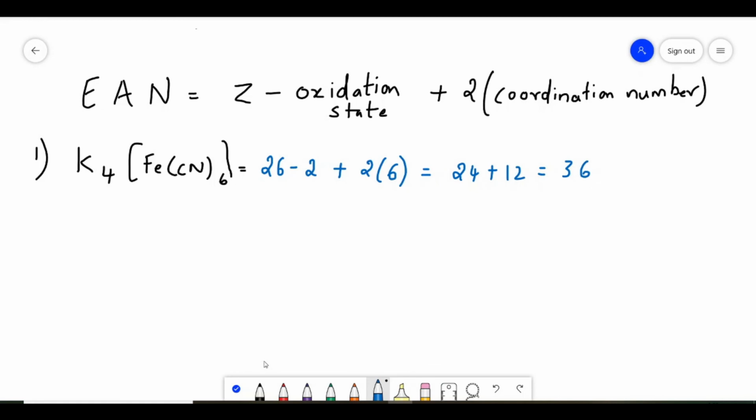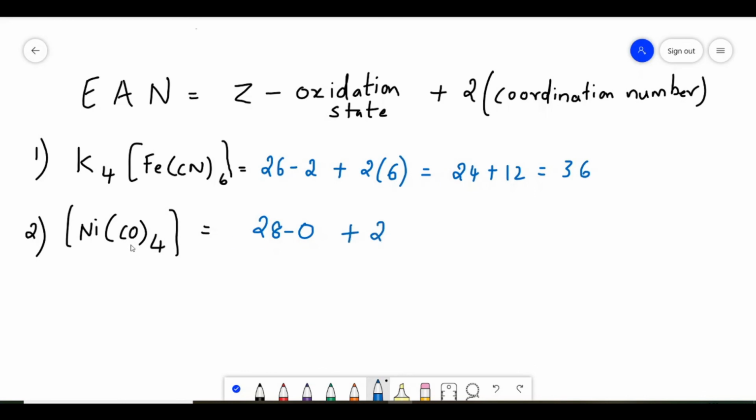And next, let us take one more example. Ni(CO)4. Here the atomic number of nickel is 28, minus the oxidation state of nickel, which is 0, plus 2 into coordination number.